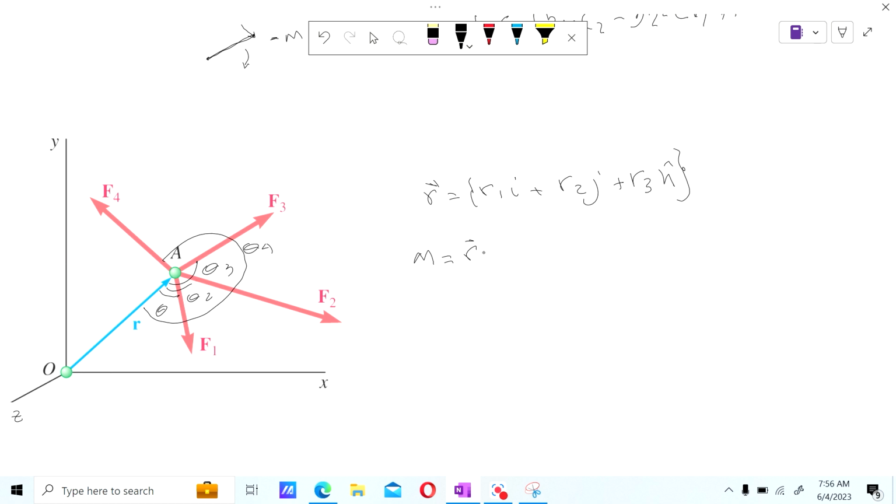So R cross F1 is going to be moment 1. Moment 4 is going to be R cross F4. So this will make it go clockwise, so this is going to be negative. This is going to make it go counterclockwise, so this is positive. And F3 and F4 are probably going to make it go clockwise, so they're negative as well.